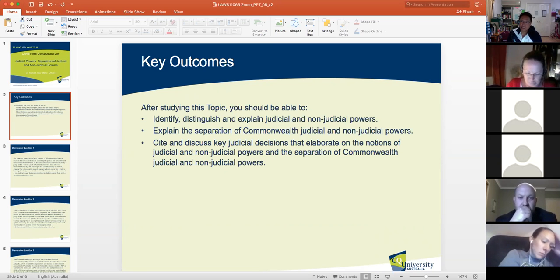You can contrast this with legislative powers and executive powers. In relation to legislative powers, for example, when a law is passed by the Commonwealth Parliament, what it does typically is to create new legal rights or new obligations.